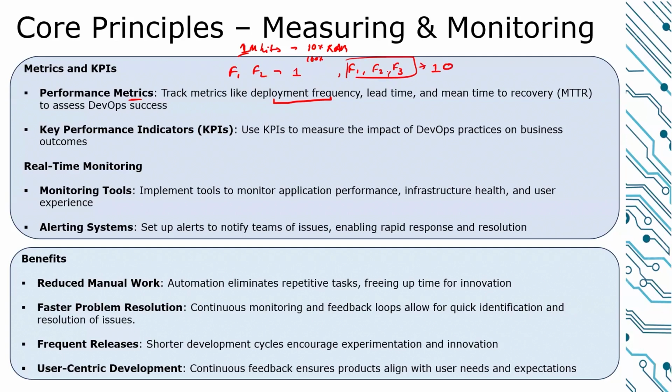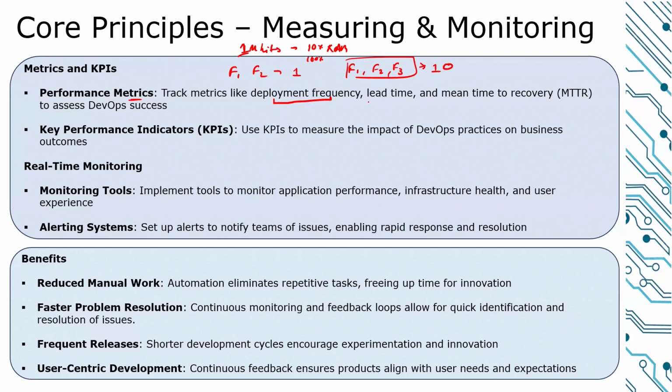You deployed it the first time and got an error, tried again and got another error, and again another error. So this is the deployment frequency. It tells you what features were deployed at what frequency, so that you can track if there's a feature that is not getting properly integrated with the other features.